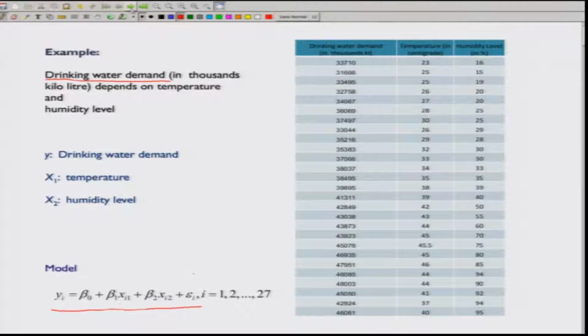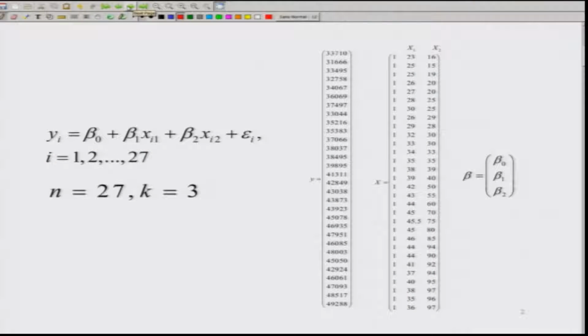Okay. Now first let me explain how these things can be expressed in the framework of a multiple linear regression model. So here the model which we had considered was expressed as y is equal to X beta plus epsilon, where y was a n cross 1 vector of observations on response variable, and X was a matrix of order n by k of k independent variables having n observations on each of the variables, and beta was a k cross 1 vector of regression coefficients, and epsilon was a n cross 1 vector of random error components.